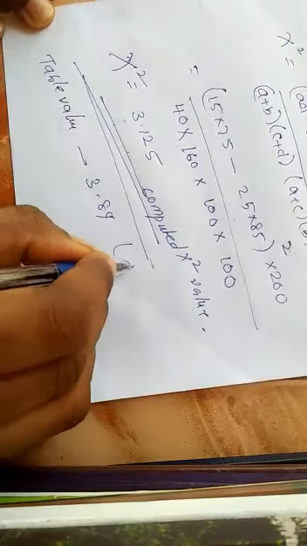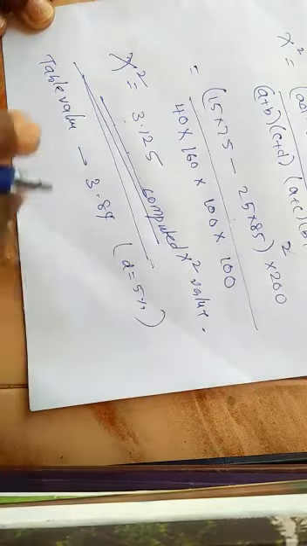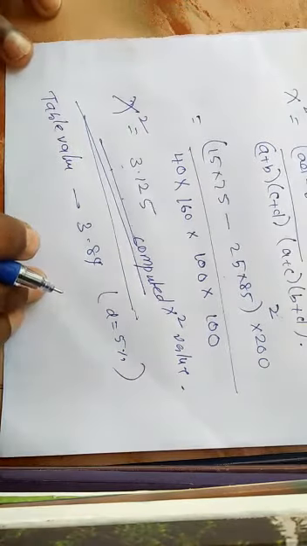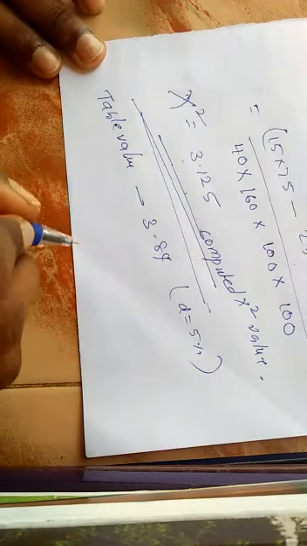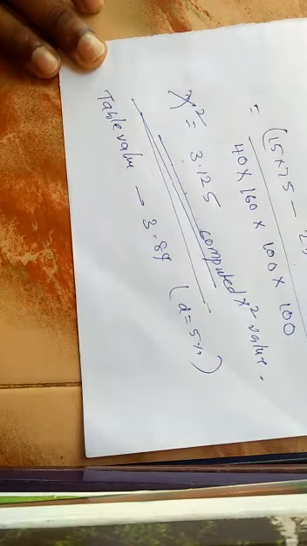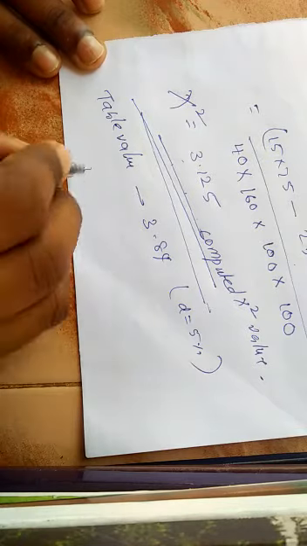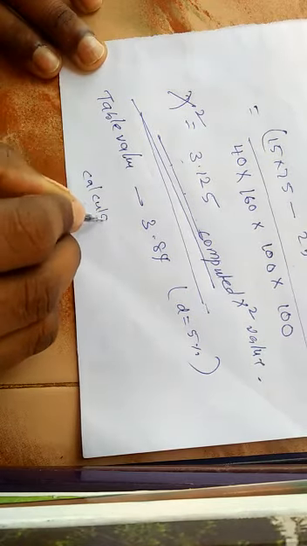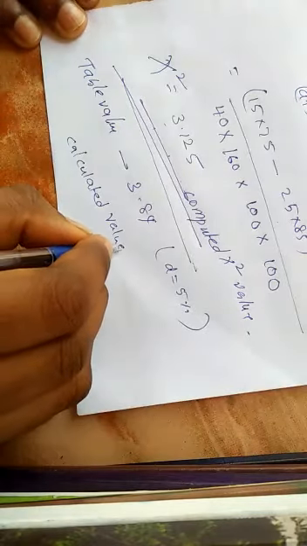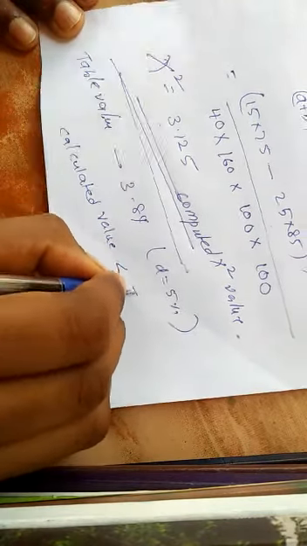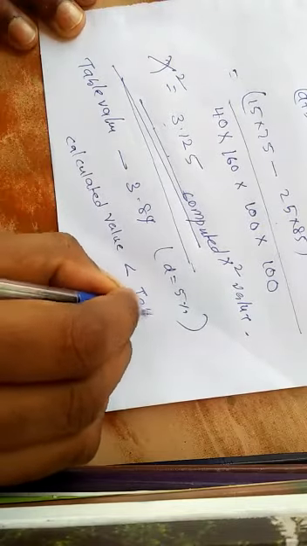So here tabled value is more than the computed value. Calculated value 3.125 is less than the tabled value.